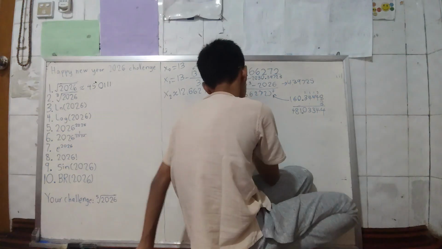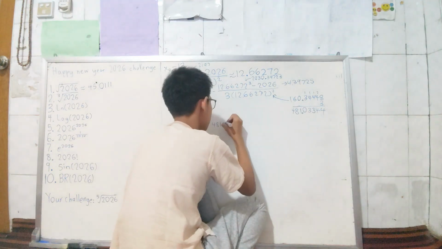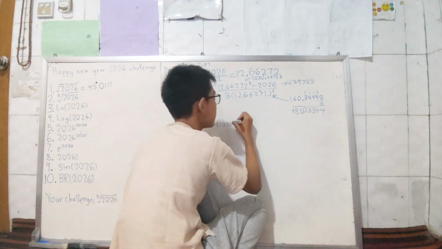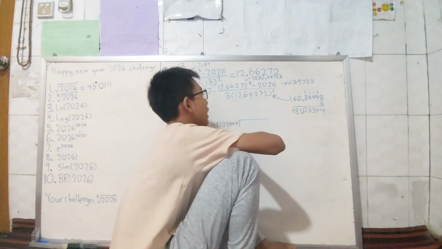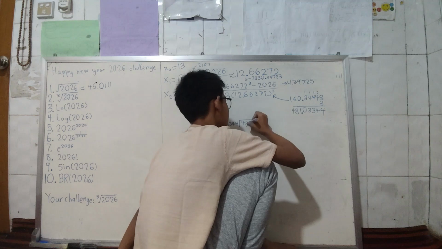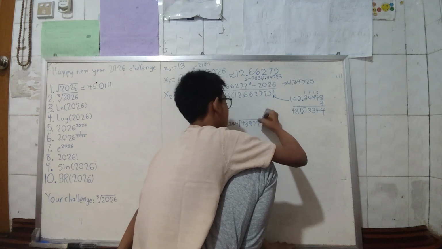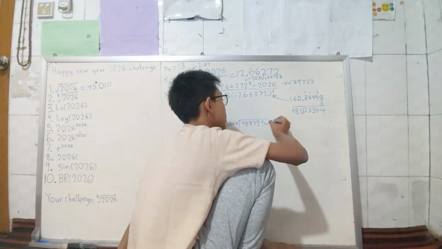481.0. So we're going to divide 481.03344 over. No. Divide this thing. 4.43975 right there. That's 8 digits, so that's going to be 8 digits right there.